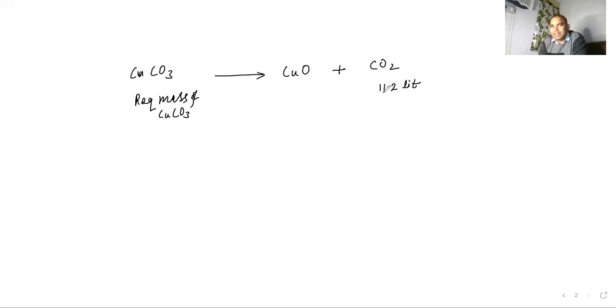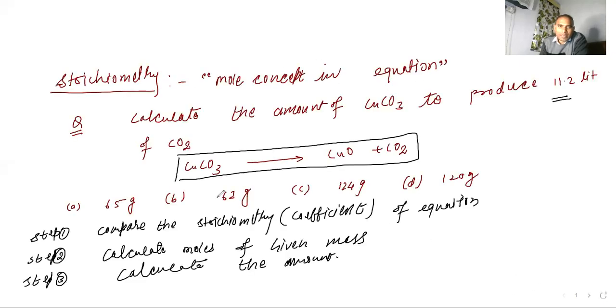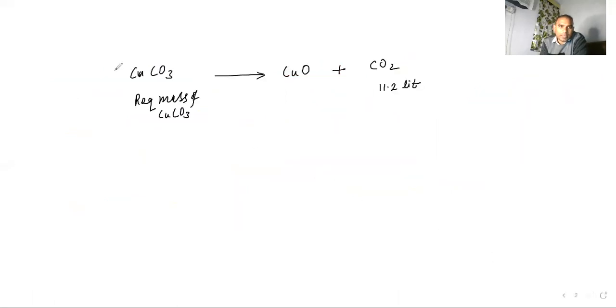Last class the mass was given. So step number 1: compare the stoichiometry, that is, the coefficients of the equation. Nothing is written here, it means 1, and here it is 1. So 1 mole CuCO3 produces how many moles of CO2 from the equation? The equation is already balanced.